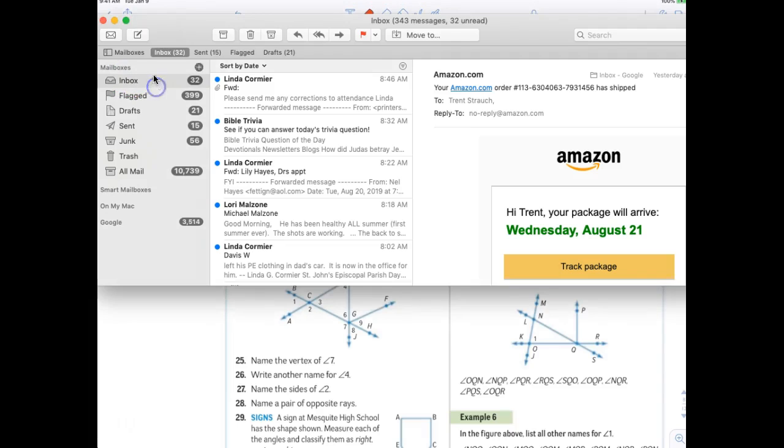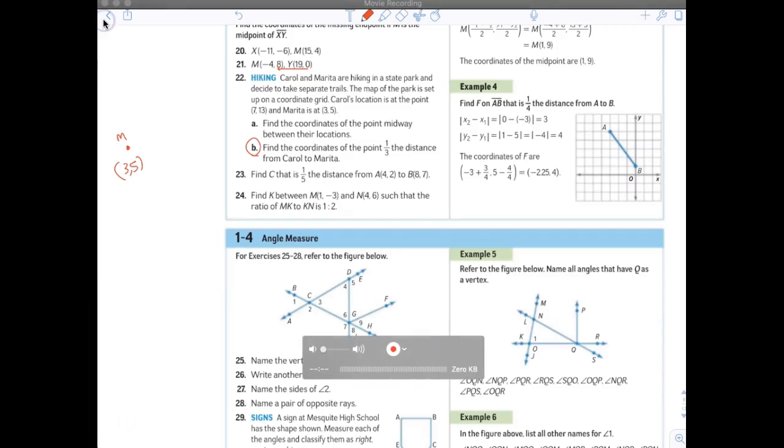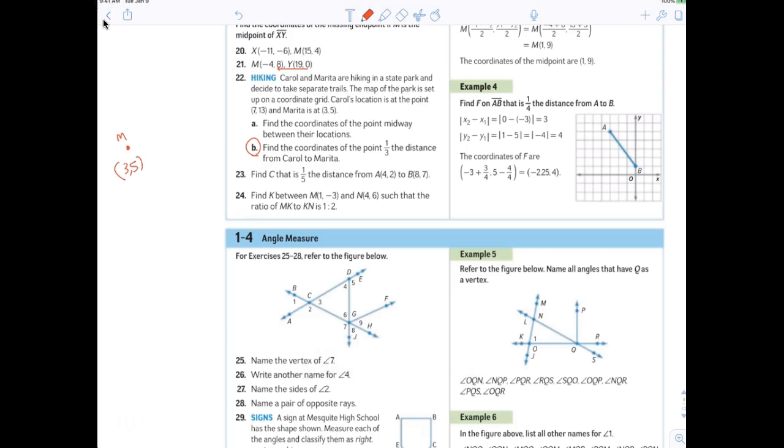And then I have C, which is at 7,13. So C is going to be somewhere over here at 7, 13.